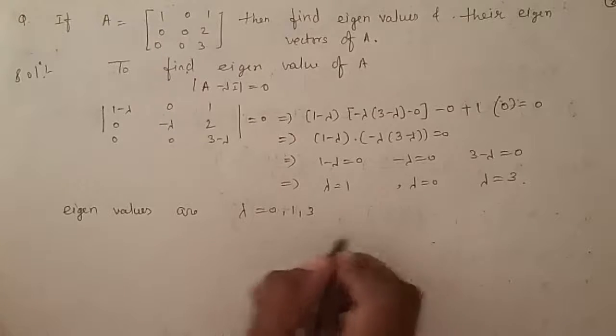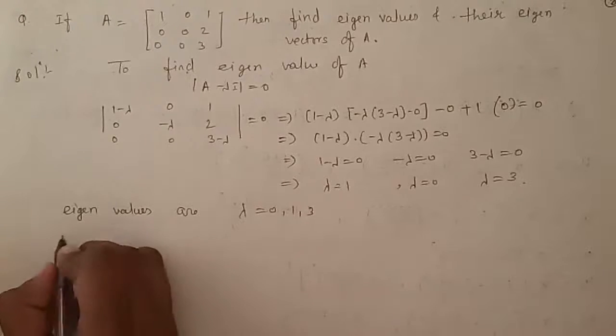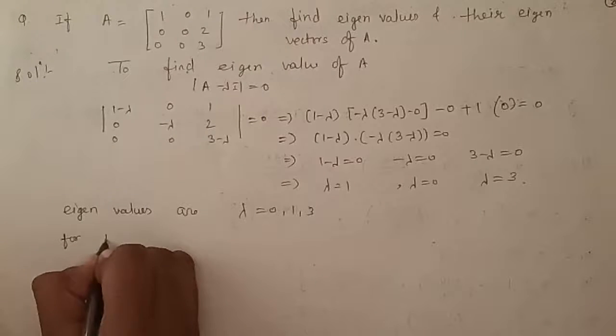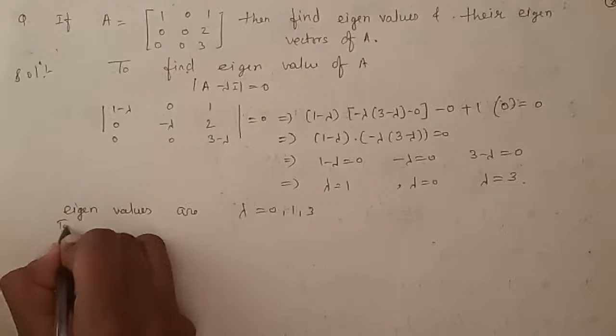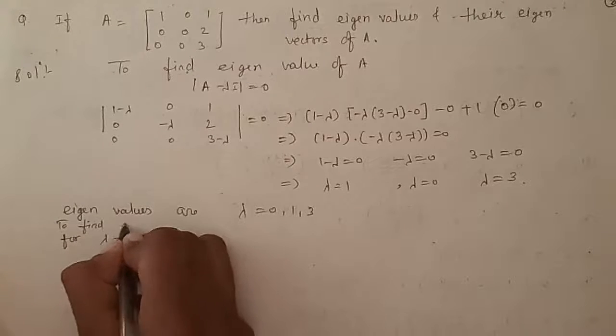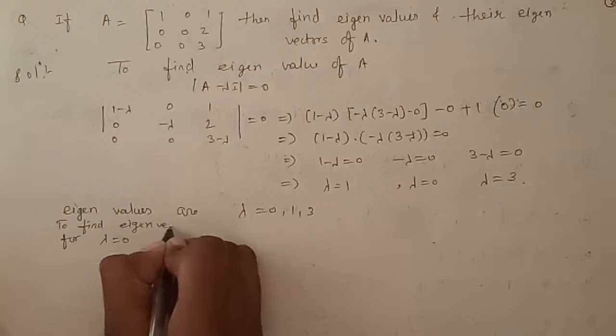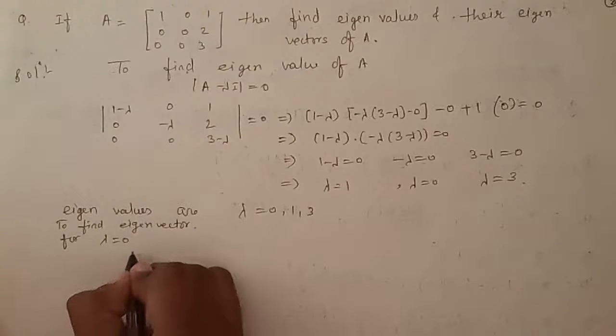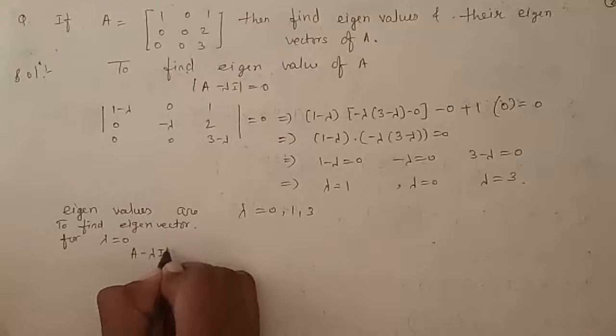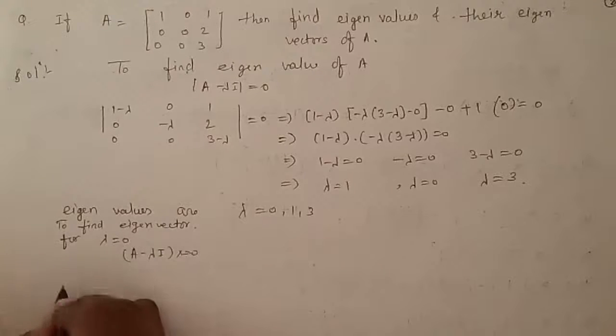Now corresponding to these eigenvalues, we have eigenvectors. To find the eigenvector for lambda is equal to 0, A minus lambda I x is equal to 0.